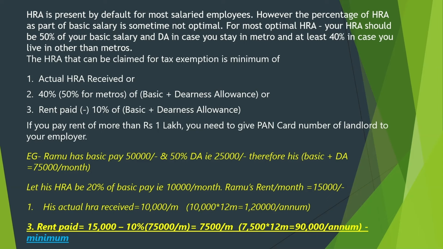The HRA that can be claimed for tax exemption is the minimum of the 3 points given below. The first one is the actual HRA received, the second one is 40% of basic plus DA in case of non-metros and 50% in case of metros, and the third one is rent paid minus 10% of basic plus DA.